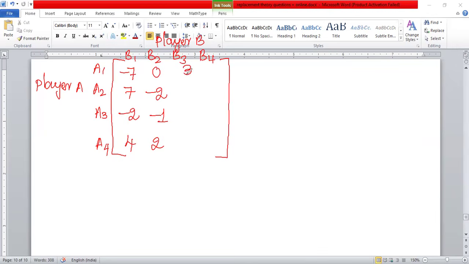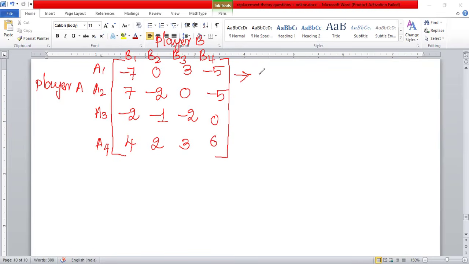Third row 3, 0, -2, 3. Fourth row -5, -5, 0, 6. Okay, this is the second problem to solve with the Maximin Minimax principle.